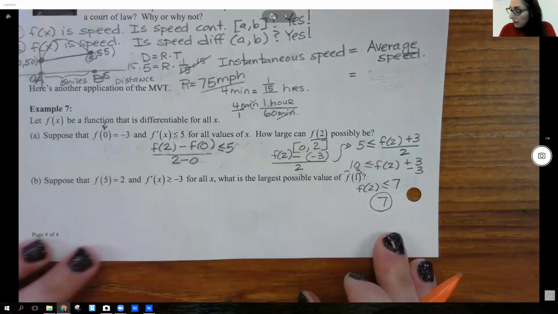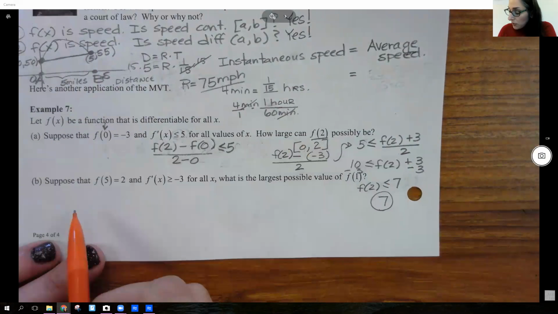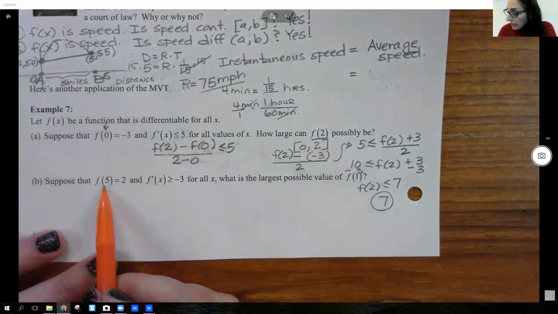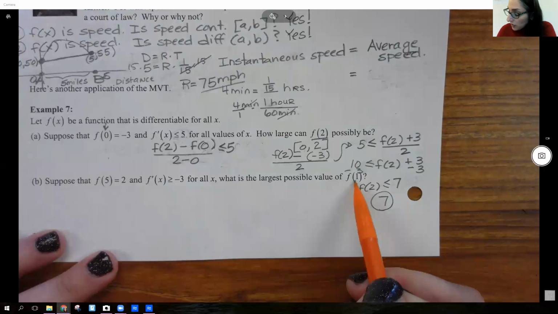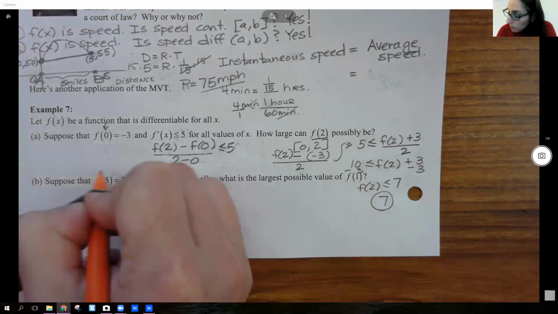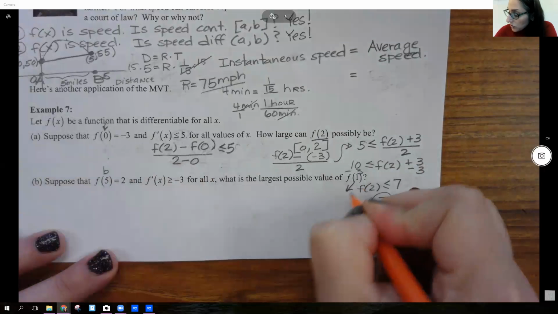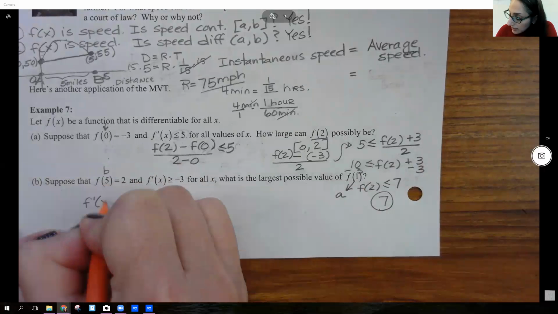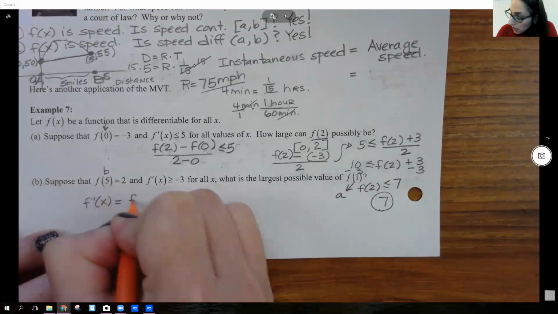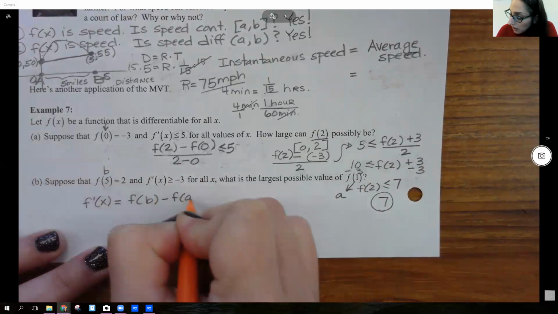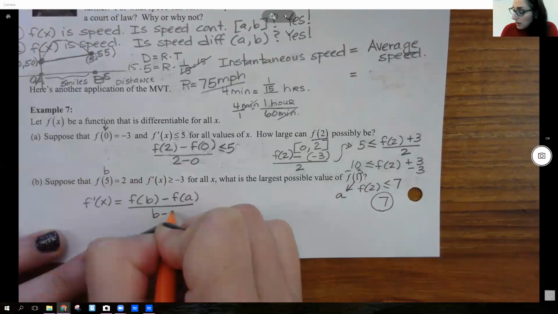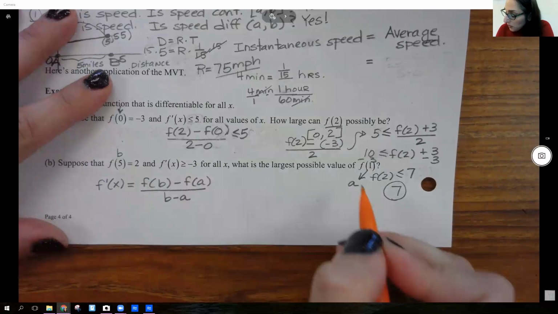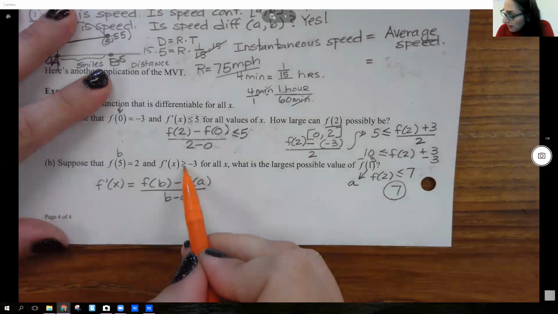Okay, now for this one, suppose that f of 5 equals 2, so that's one of your values, and 1 is the other value. So since 5 is bigger, this is your B, this 1 right here is your A. So f prime of x equals f of B minus f of A all over B minus A. I'm going to fill in what I know before I mess with this inequality.